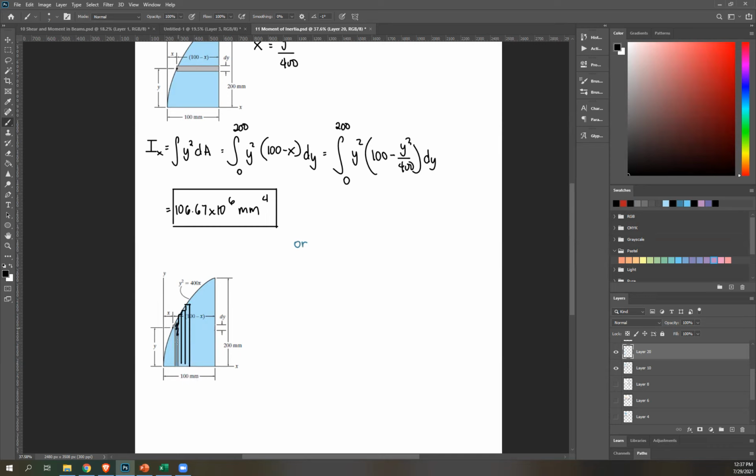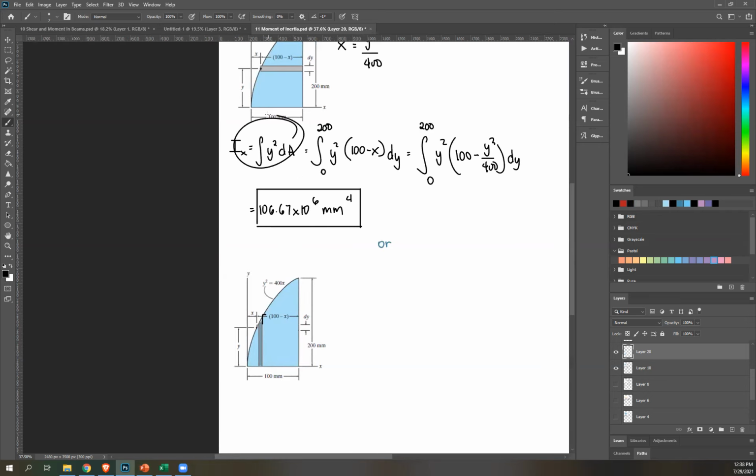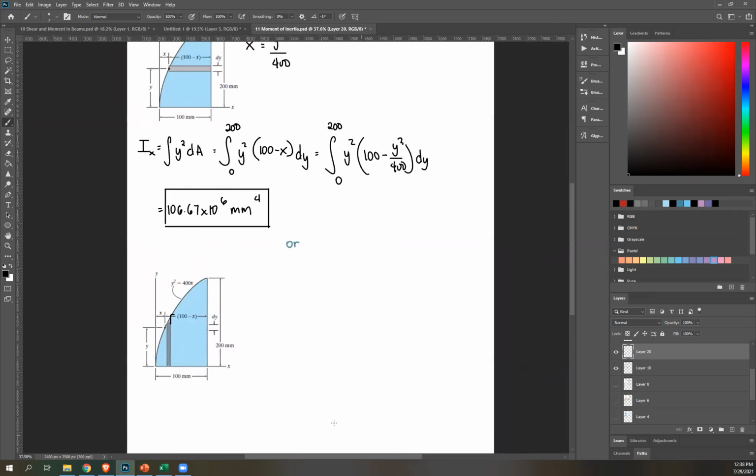You take the moment of inertia of one bar, and then you're going to take the moment of inertia of all of these differential rectangles. If you take the summation of all of those differential rectangles, you'll eventually get the moment of inertia of your total shape. Okay? So once again, instead of doing it this way, let's just consider one rectangle, right? This is a differential rectangle.